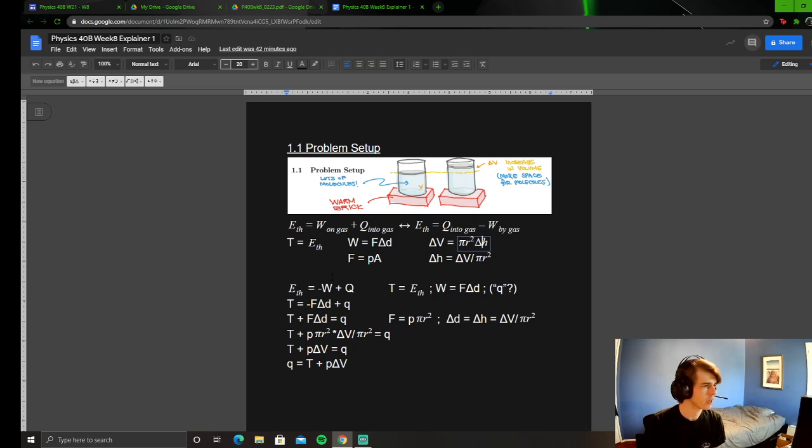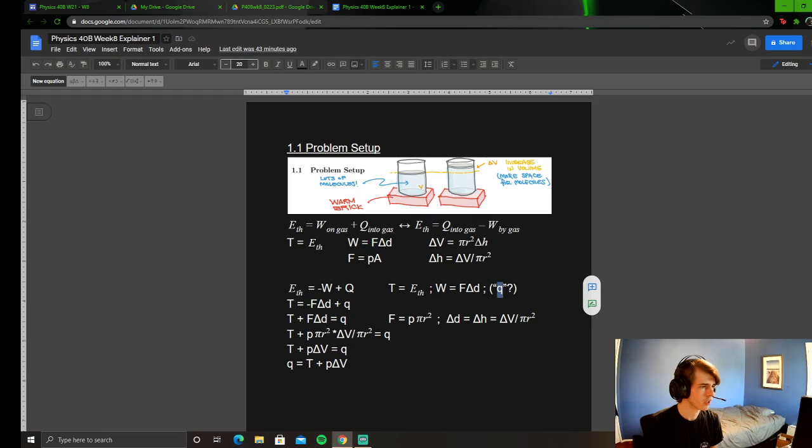Here I have that we start with E thermal is equal to negative work plus Q. Then I substitute in temperature for E thermal and work for force and change in distance. I also substitute in little q because that's what the problem is asking for. So then that's here.